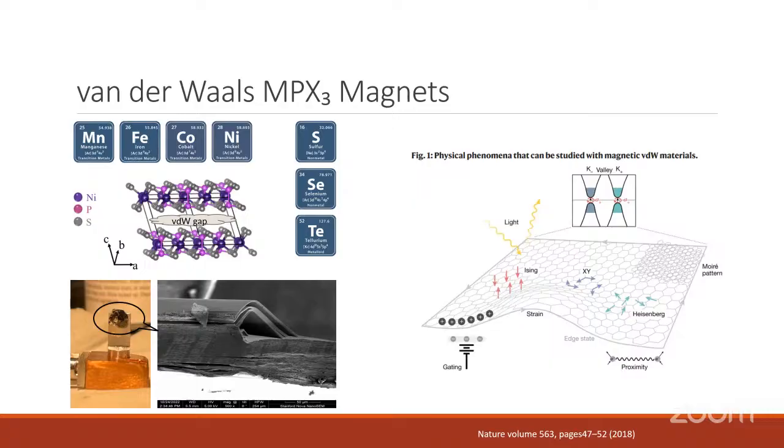For example, the magnetic behavior can be modeled by spin models, such as the Ising model, the XY model, or the Heisenberg model. If we look at the magnetic behavior, iron phosphorus trisulfide can be described by the Ising model. Some other compounds, like magnesium, cobalt, and nickel, behave as either an XY or Heisenberg model, and in some other cases people also propose many other models to describe different behaviors of the system.